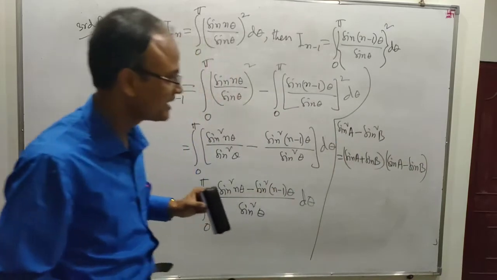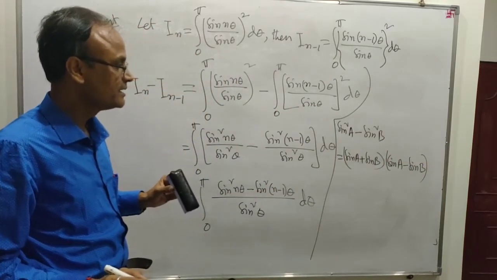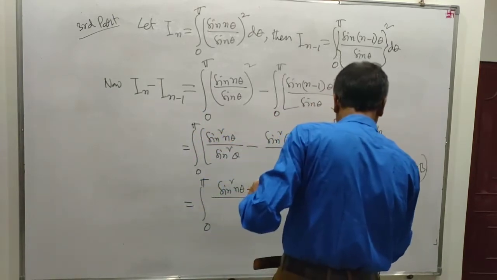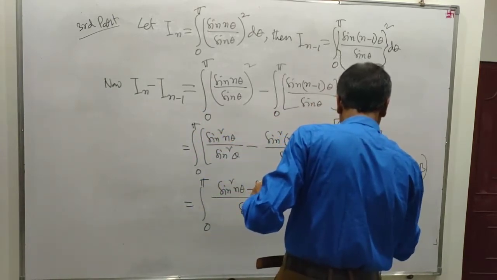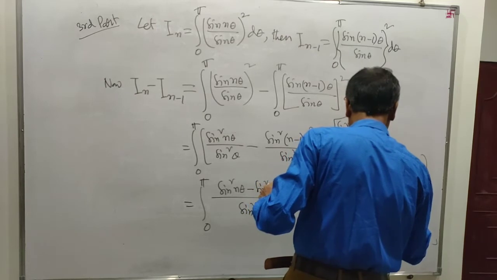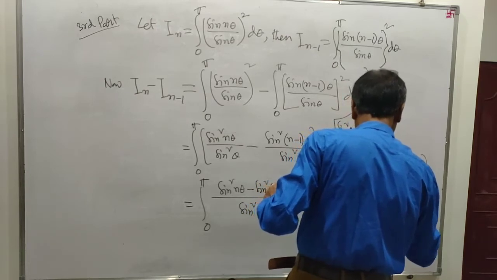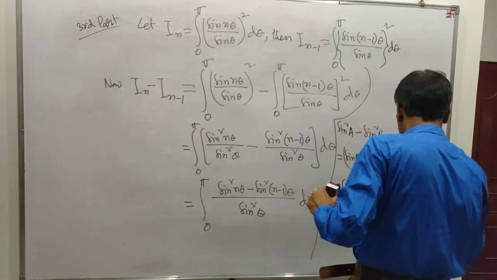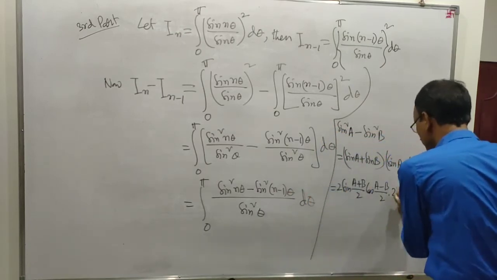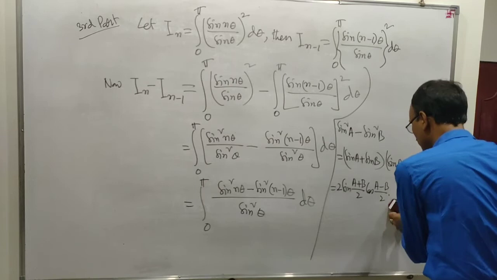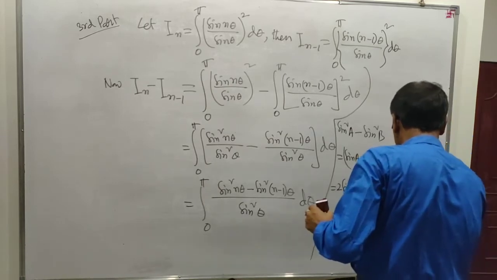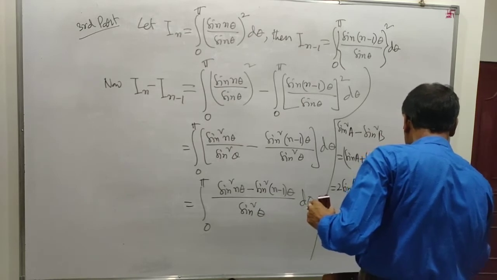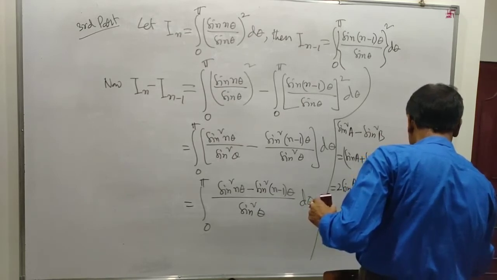Using the sum to product formulas, sin a plus sin b is 2 times sin (a plus b) by 2 into cos (a minus b) by 2, and sin a minus sin b is 2 times cos (a plus b) by 2 into sin (a minus b) by 2.